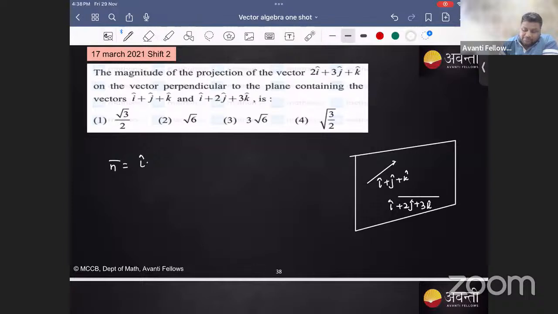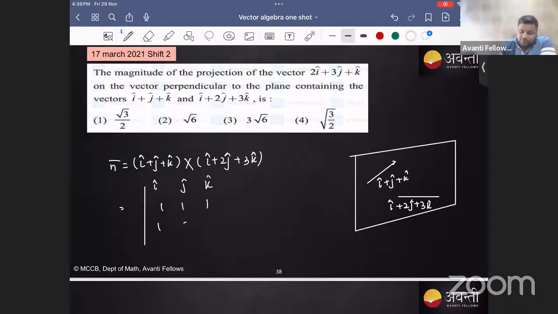So if this vector is perpendicular to both of them, it is perpendicular to their cross product. Am I clear? So that is determinant i cap, j cap, k cap, 1, 1, 1, 1, 2, 3.